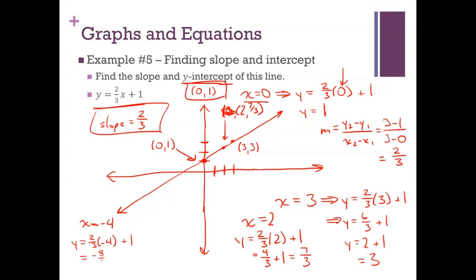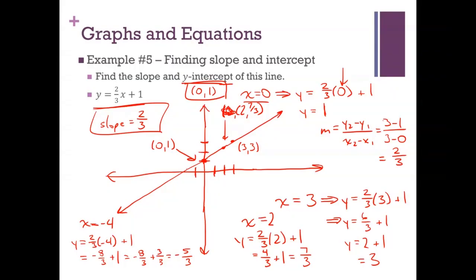So -8/3 plus 1. -8/3 plus 3/3. So -5 over 3. So the point -4, -5/3 should be here.